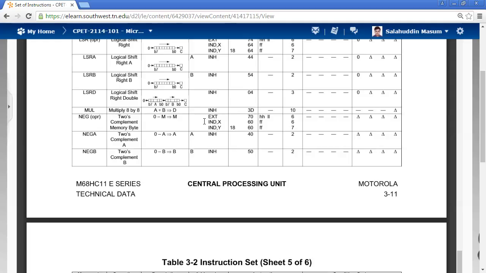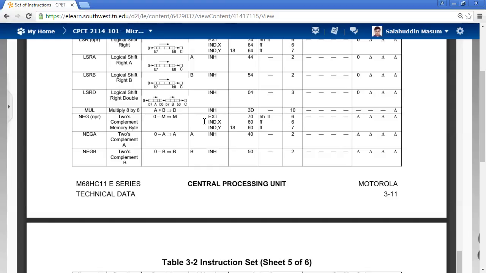Now, the interesting thing is, some of the instructions do not support the direct mode. There are reasons. I'm not going to explain the reason right now. Probably you are not ready for it. That means even if logically it should be direct, you should always check with the set of instructions. Do you see there is no direct mode? It says EXT, extended, right?